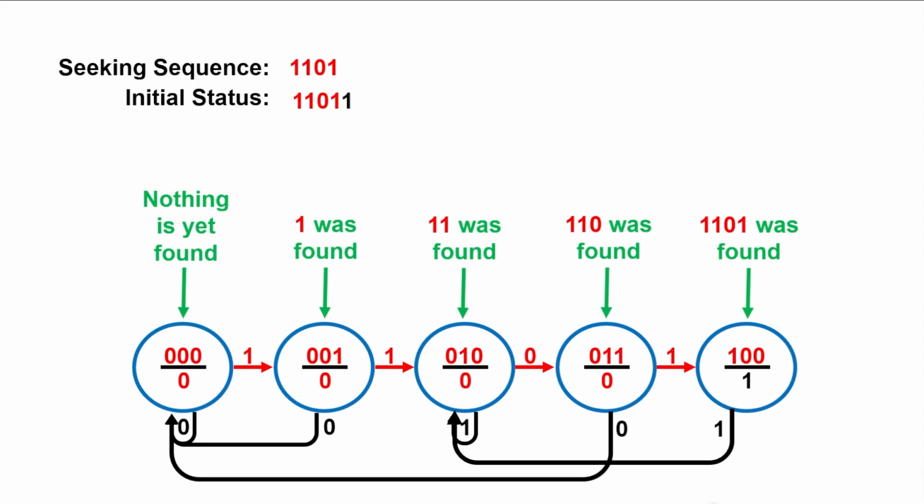Okay. Now, what if we get a 0 here? If we found the sequence 1101, but the next number is a 0, that's not the beginning of the sequence. So we're just going to go back to the first start over state. Nothing yet has been found. And that is all of the states, and we have addressed all of the different possibilities of 1s and 0s that we might have received.